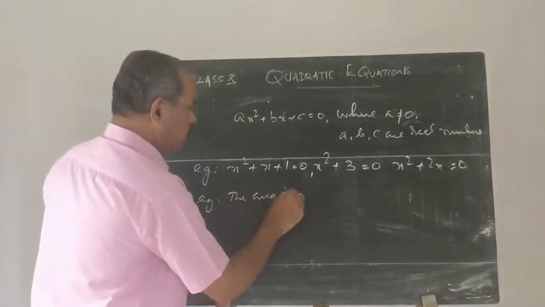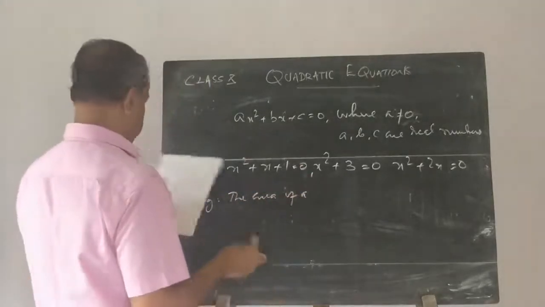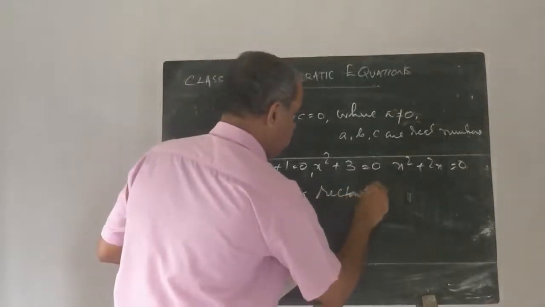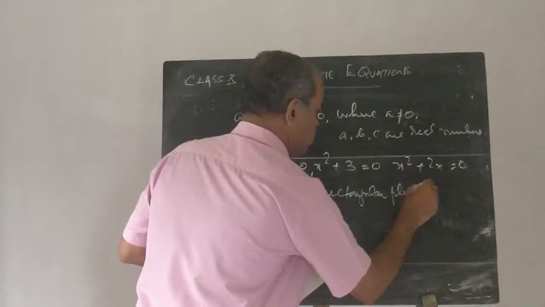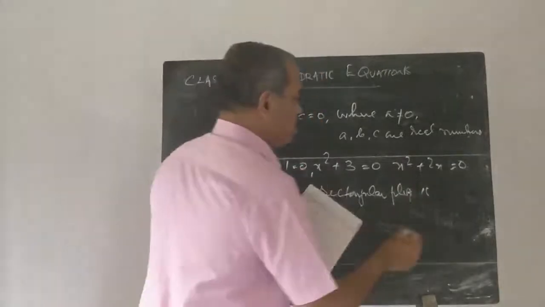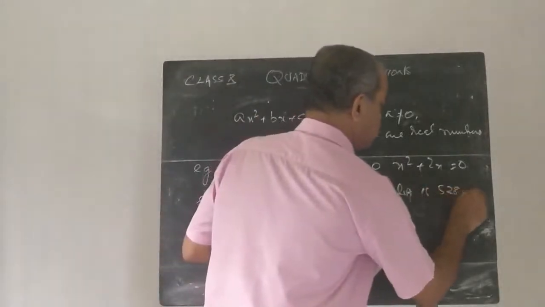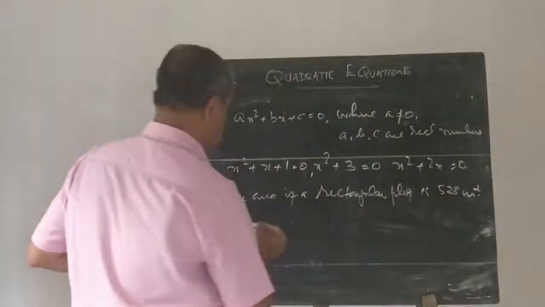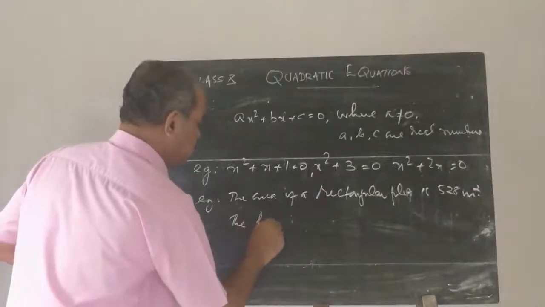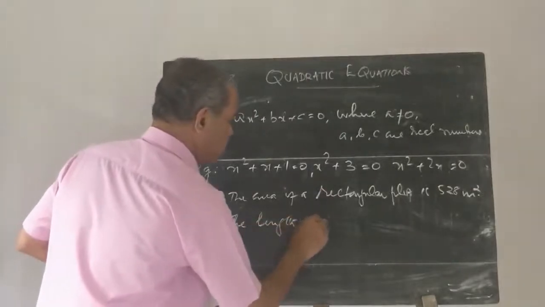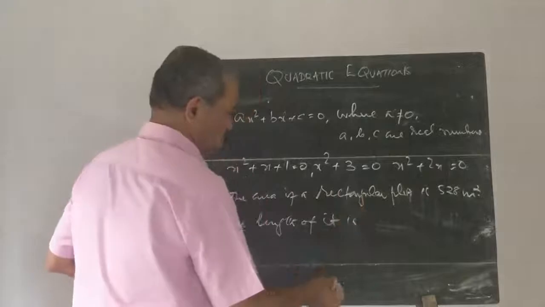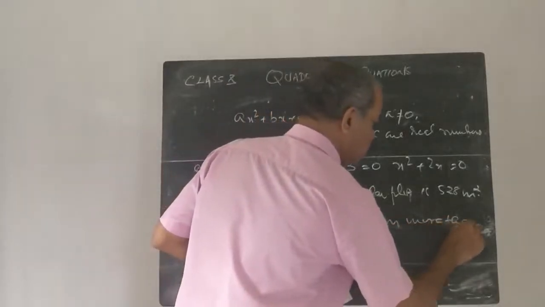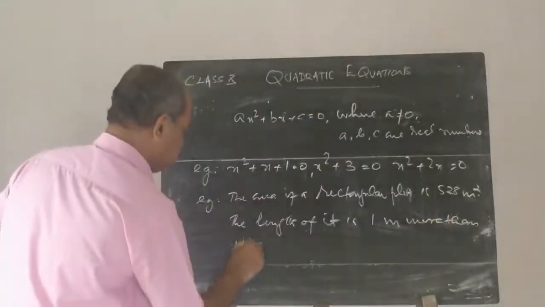the area of a rectangular plot is 528 square meters. The length of it is 1 meter more than its breadth.